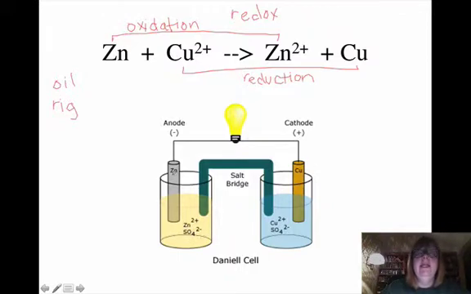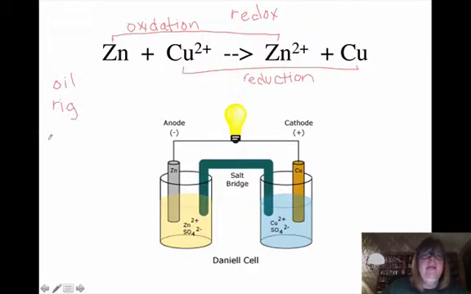Okay, so the zinc electrode is placed in a solution that has zinc +2 ion in it, so it could be zinc anything, zinc nitrate, but this happens to be zinc sulfate. And notice what's happening in this compartment. The zinc is being oxidized to zinc 2+.